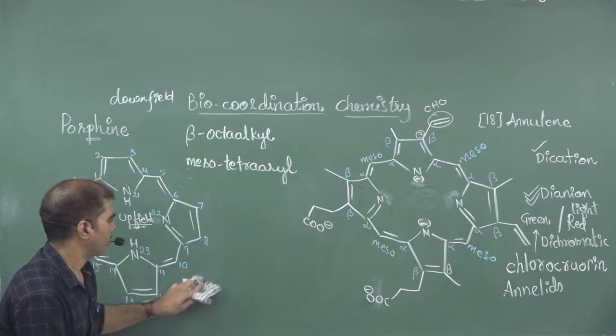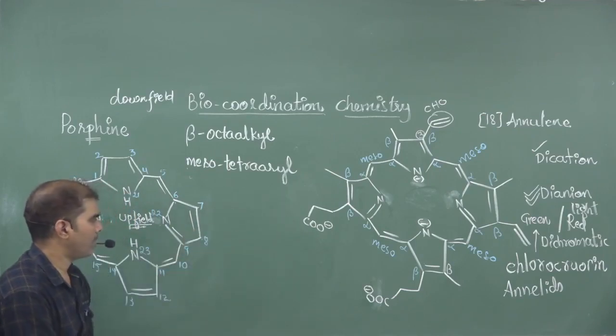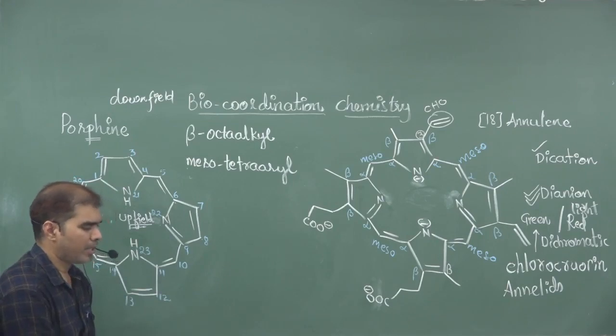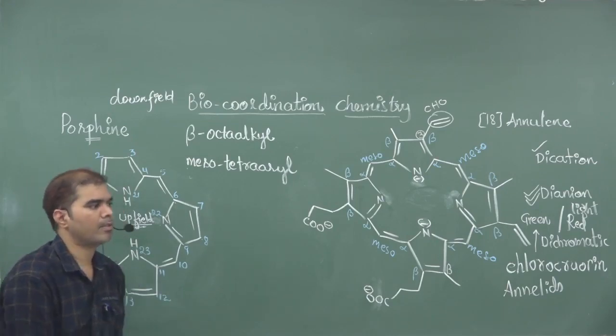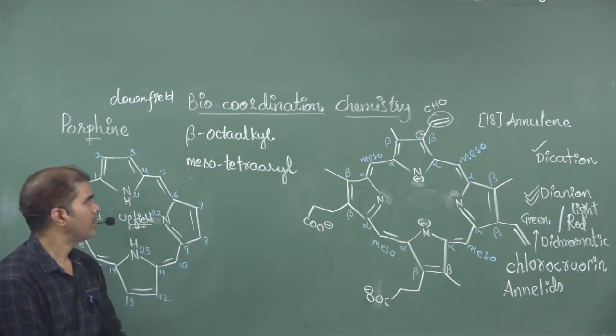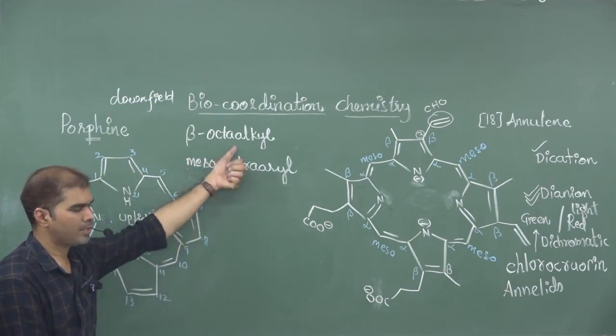Next, naturally available porphyrins contain beta octa alkyl substitutions.